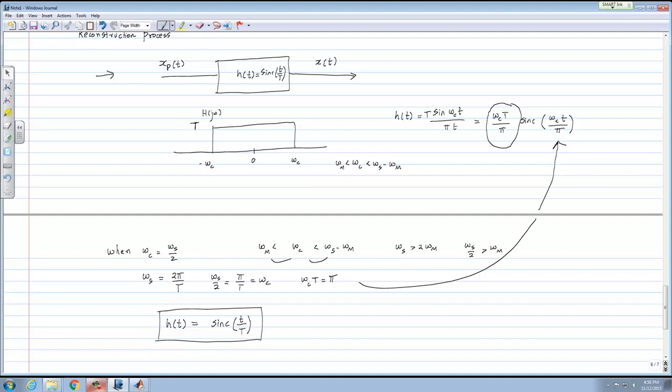That's what it means, right? Filtering by multiplying by the frequency response means I'm convolving with my impulse response. I'm passing it through a linear time invariant system whose impulse response is sinc of t over T. Does that make sense?